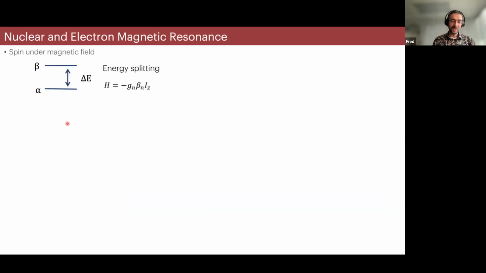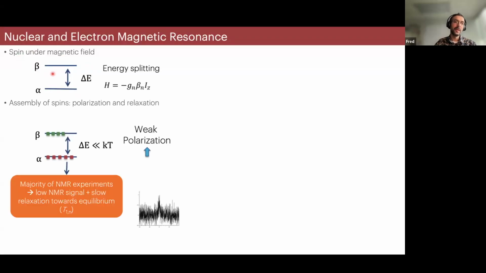So let me start. An electron or nuclear spin in a magnetic field, as you know, will interact with it, and if it's a spin 1/2, you will have 2 energy levels, one stable level and one unstable level. This depends on the thermal energy of the system. If the energy difference is small compared to the thermal energy, then you basically have equal population if you look at the statistical ensemble of spins in the lower state or the higher state.